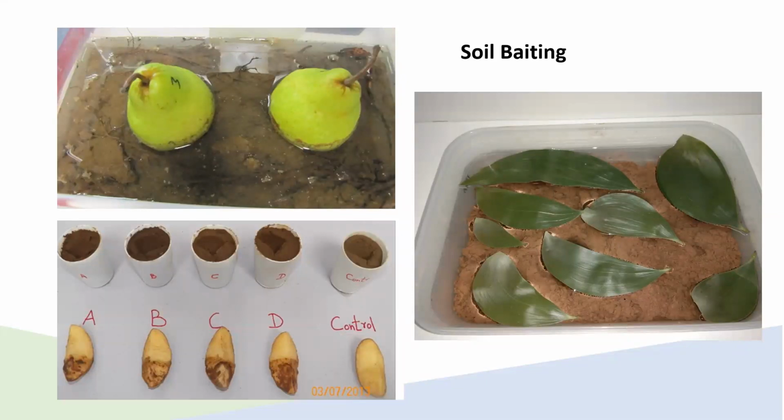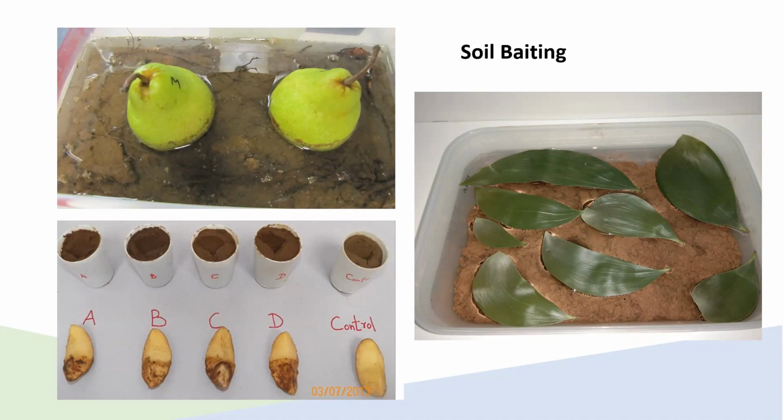This is for water; now for soil. This is soil baiting. You can dip a potato directly into the soil, or you put the soil in a box, pour in sterile water, and leave it for a night to make the water clear.